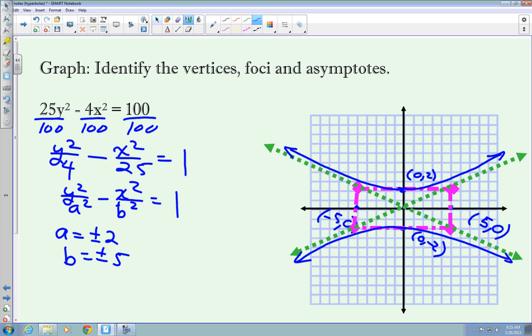So let's see. Our important things that we need to have equations or points for. Our vertices are at 0, plus or minus 2. Our asymptotes, we have them drawn, but we haven't written equations for them yet.